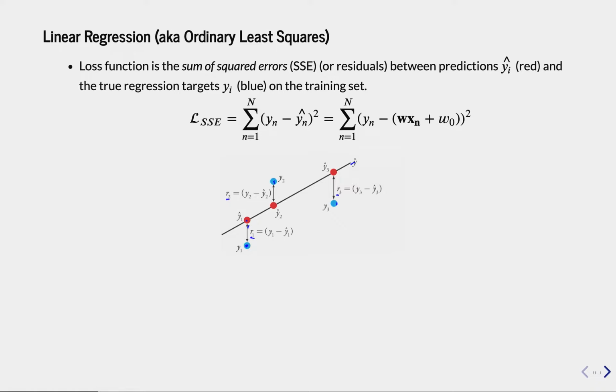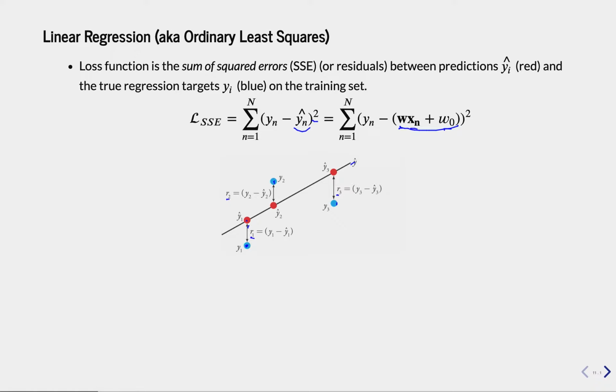Now, because these residuals can be positive or negative depending on which side of the line you fall, we want to square these errors. So it's always positive, and the loss goes up with every error that we make. It's a very simple way of doing it. Our prediction here is y hat n, which is computed as the dot product of our weights and our inputs x plus a bias.